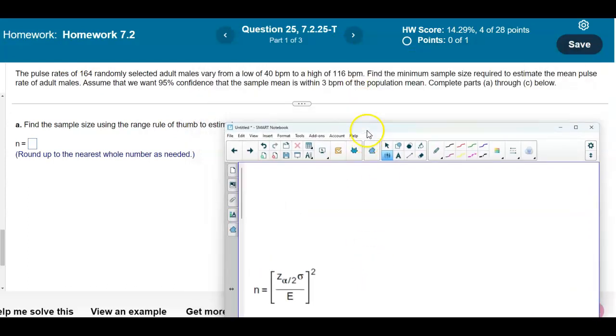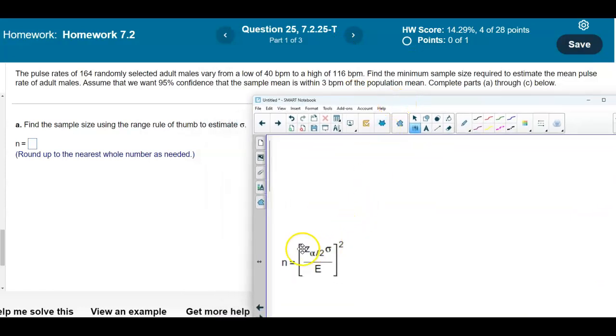So when we want to find the sample size, we're going to use the following formula. N is equal to the critical Z value times the population standard deviation divided by the margin of error, squared. The first thing we need to do for part A is find the critical Z value.